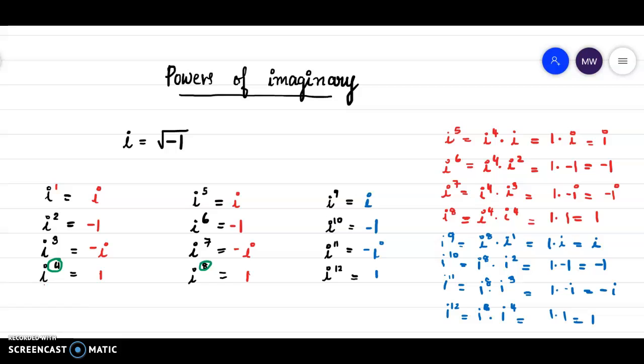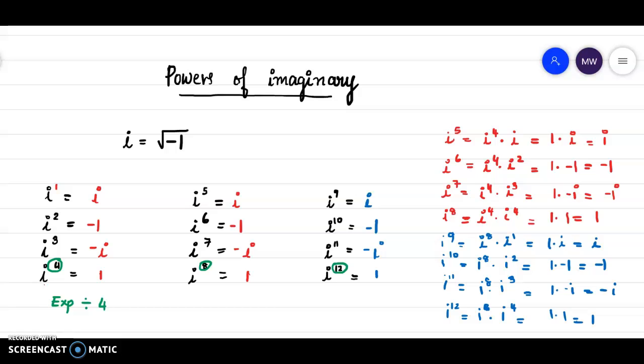See, 4, 8, 12. That's like 4 times 1, 4 times 2, 4 times 3. So we see that when the exponents are multiples of 4, your answers become 1. That means if you want to talk about a rule, if you take these exponents and divide them by 4, it'll completely divide.